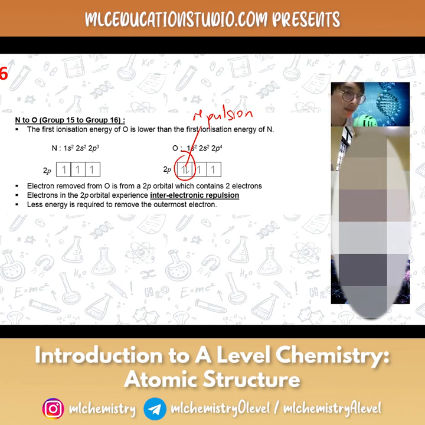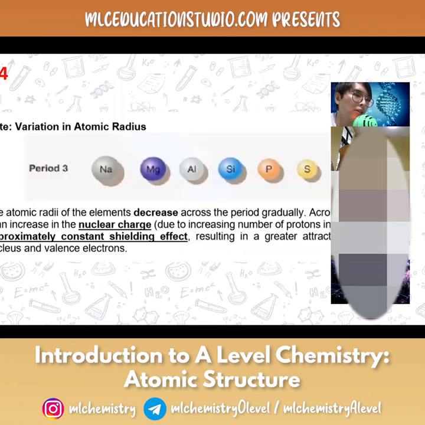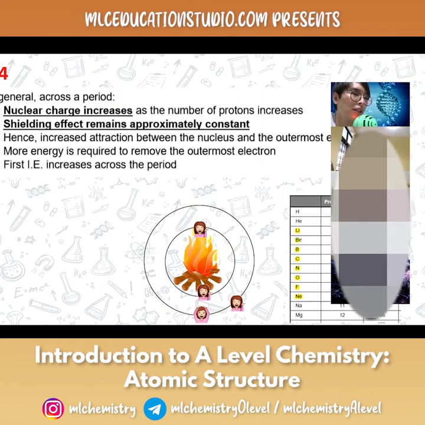Oh, wait, but I got one question. The effective nuclear charge thing, right? Nuclear charge can also be in opposite to the other reason. There's only 2 things: nuclear charge and shielding effect.